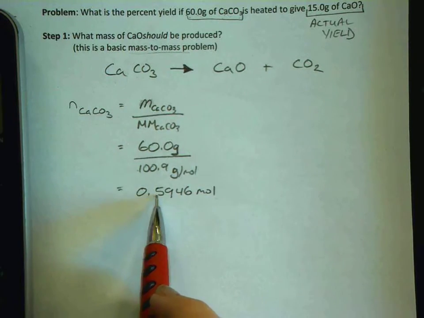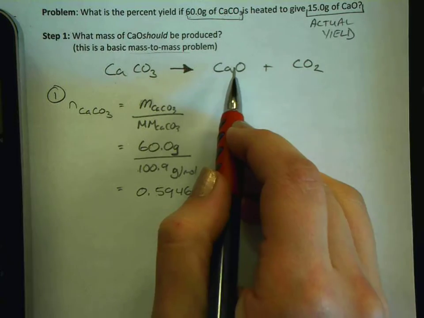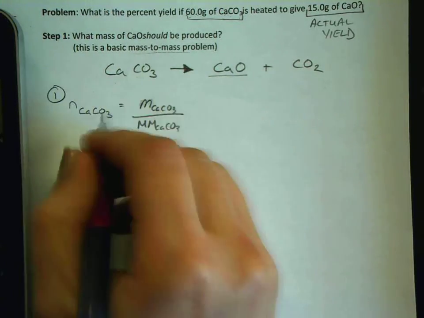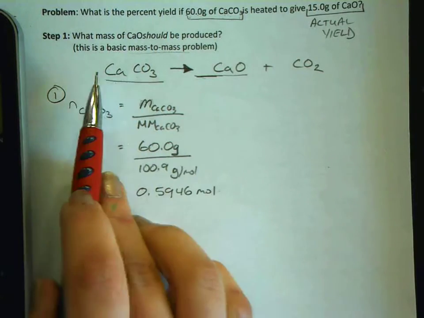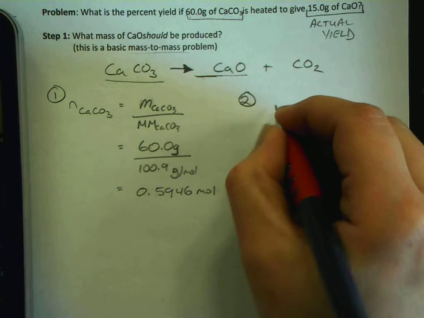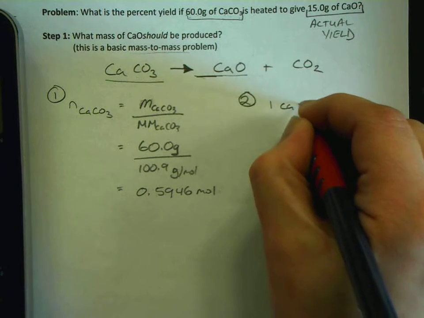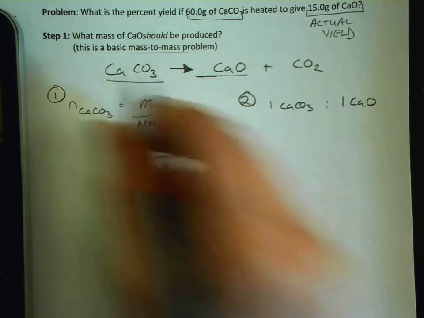Now that I know the moles of calcium carbonate, I need to change moles of calcium carbonate to moles of my product. These are the two I'm interested in, not really carbon dioxide. I realize this is a 1-to-1 ratio, but you still need to tell me that you've done this. So I know that 1 calcium carbonate is the same as 1 calcium oxide. The ratio is 1-to-1.